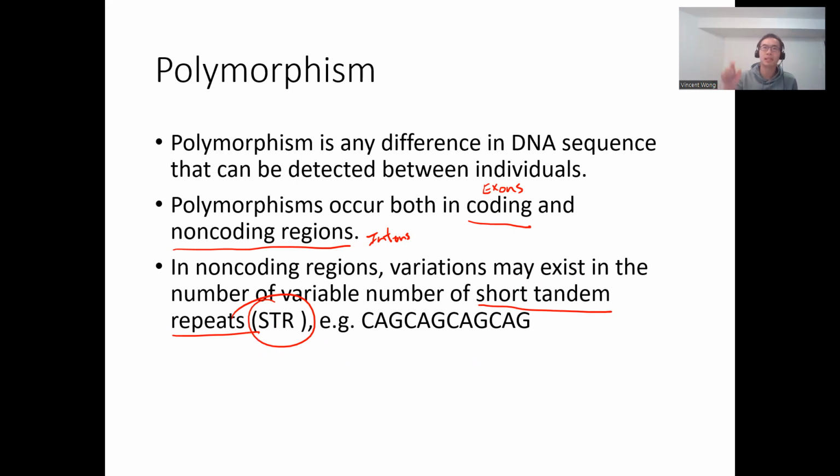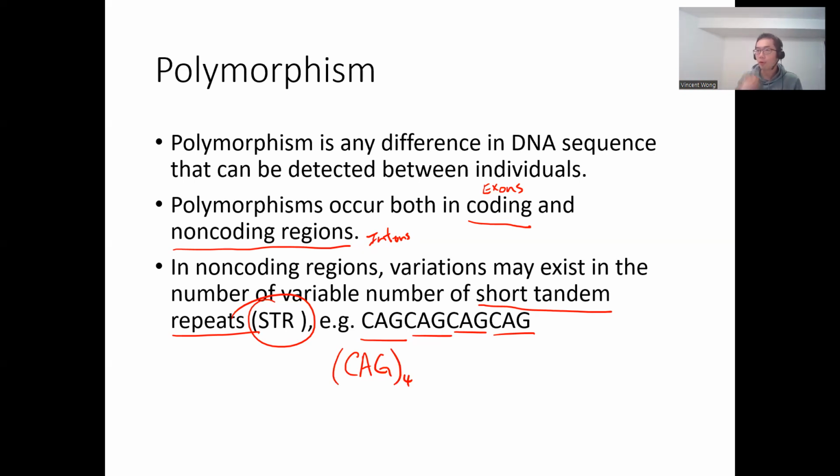Short as in, a couple nucleotides long, 3, 4, sometimes even 2. And tandem is one after the other, repeating over and over again. So for example, here we have CAG, CAG, CAG, CAG. So we call this CAG4. It's repeated 4 times.